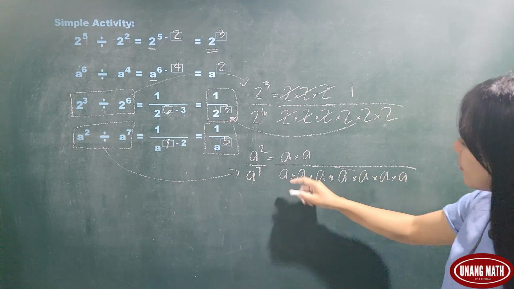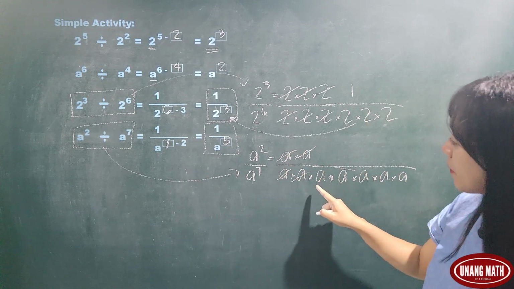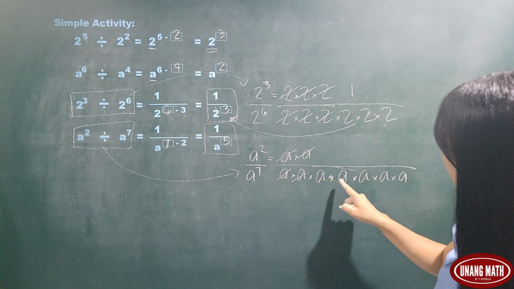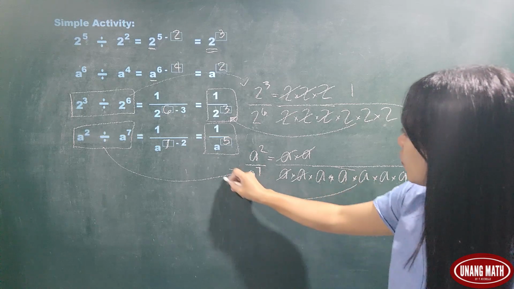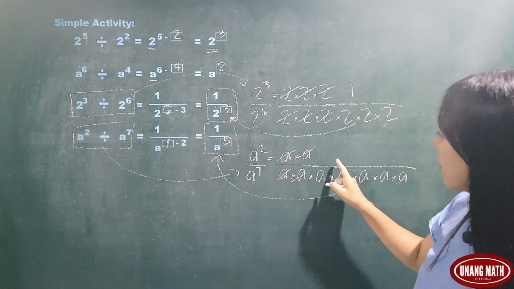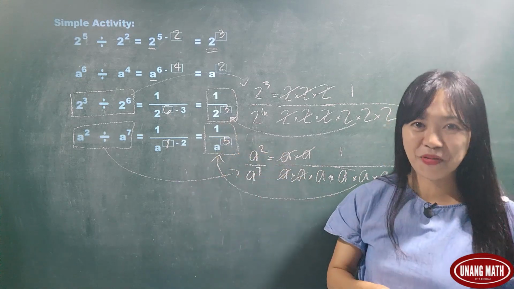Okay, if we simplify, this will be cancelled. This one also. So in the denominator part, we have a times a times a times a times a. And this is equal to a raised to the power of 5. Numerator is 1. So we have 1 over a raised to the power of 5.